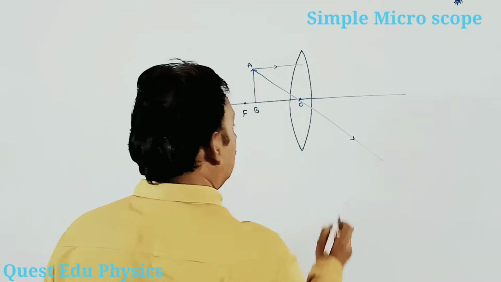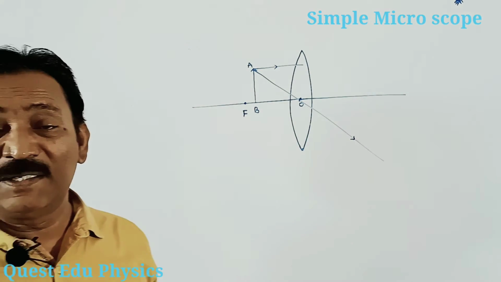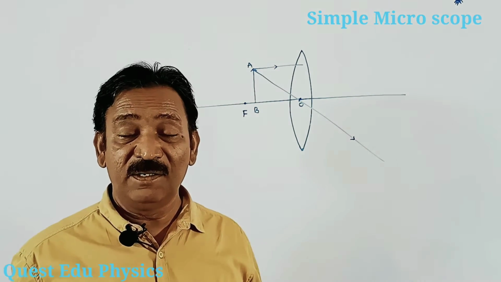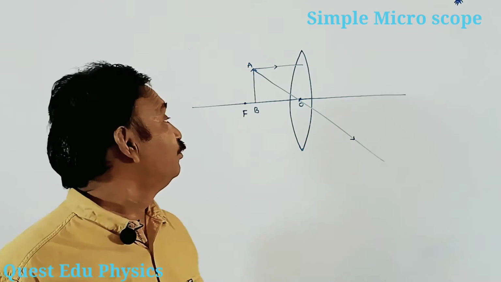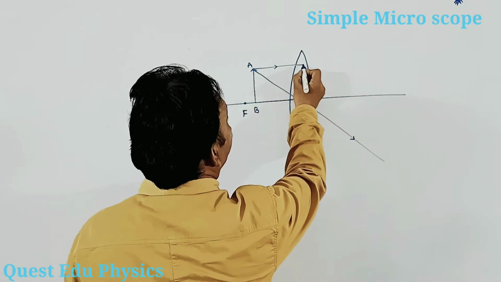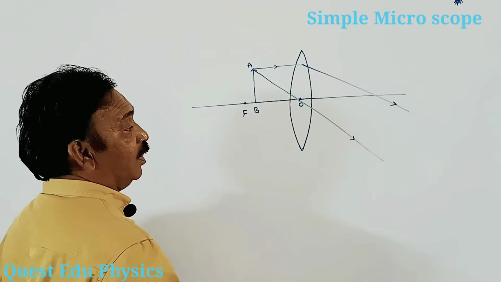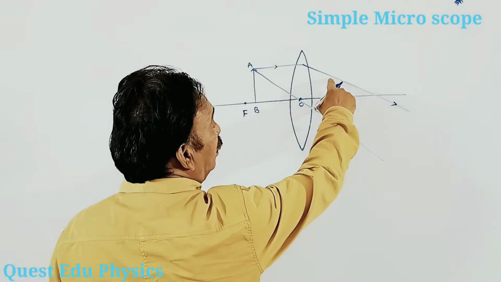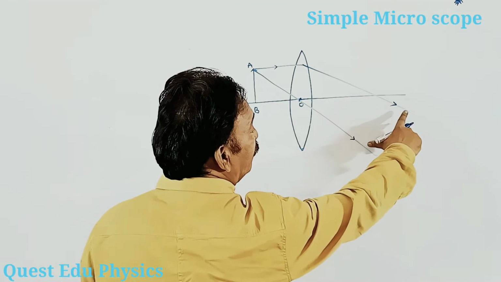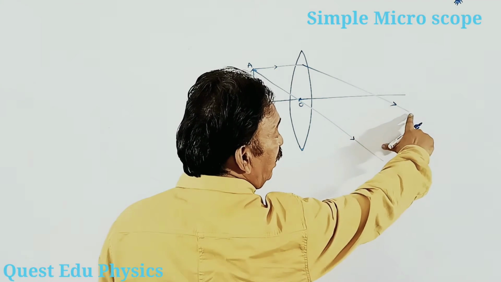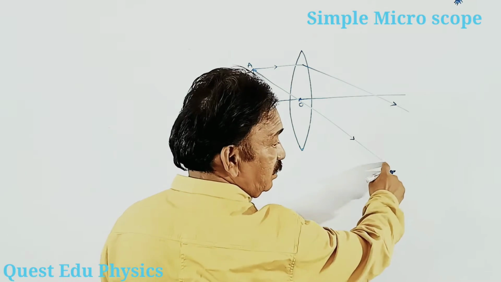This ray which passes through the optic center doesn't get deviated. You know this, students. Then it gets refracted and passes. If you observe here, the gap keeps increasing between these two rays.